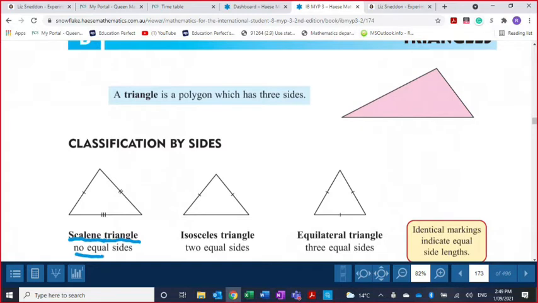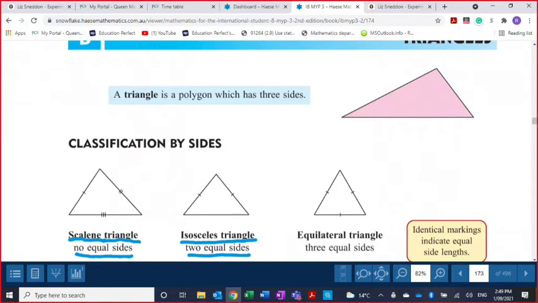Scalene means that there are no equal sides. The second type is called isosceles, and I apologize for the Greek. An isosceles triangle has exactly 2 equal sides. So any 2 equal sides makes it isosceles.